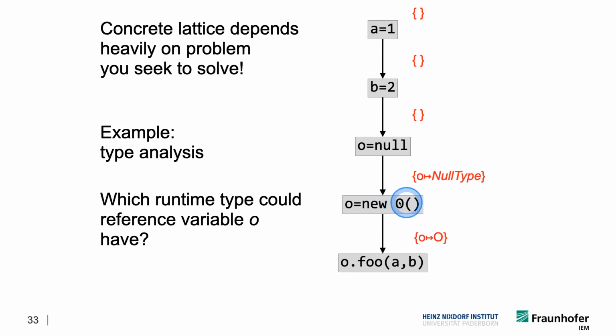So this is something that is being decided at runtime, what particular type is actually being created here. So this is runtime information, but this variable identifier O is static, right? Just by looking at the code and even just looking at the particular statement, we can always know what the name of this variable is.